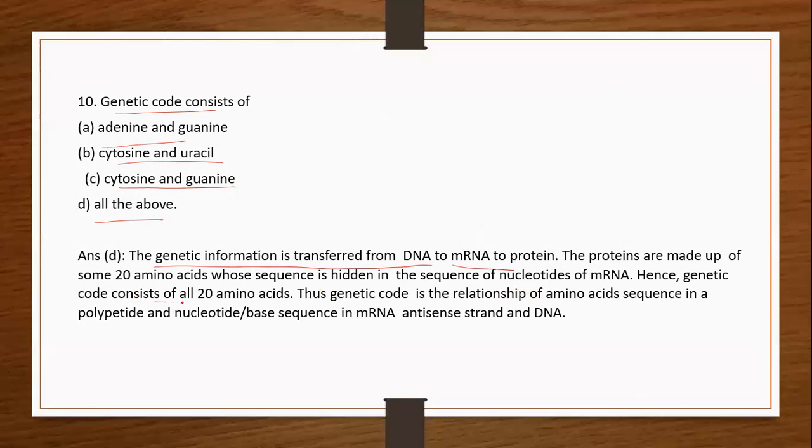Hence, genetic code consists of 20 amino acids. Thus, genetic code is the relationship of amino acid sequence in polypeptide and nucleotide base pair sequence in mRNA, that is anti-stranded DNA. So option D is the correct answer.